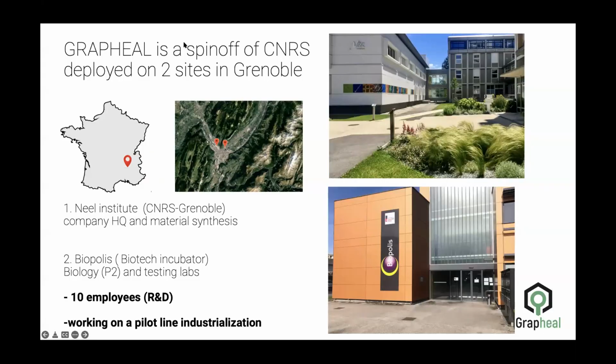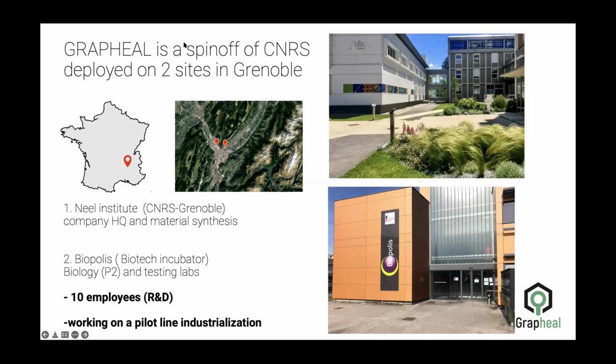As I said, it's a small spin-off of CNRS deployed on 2 sites in Grenoble. Grenoble has a lot of potential in this material. We have a lot of biotech industries and nanotechnology centers, and I think it's a wonderful place to start this venture. I worked in academia at a physics laboratory doing solid-state physics and material synthesis, and the company is still headquartered there.